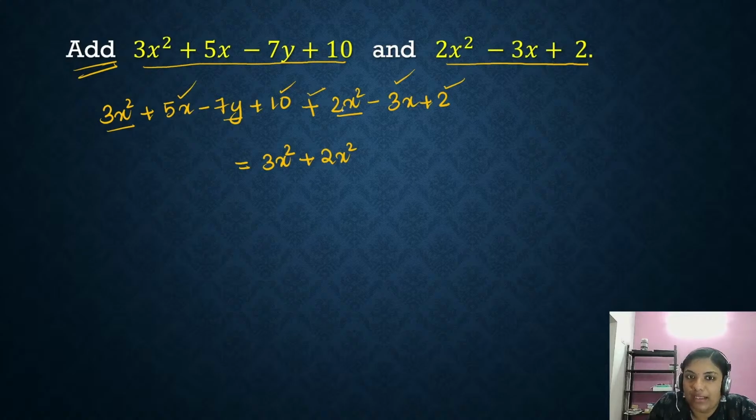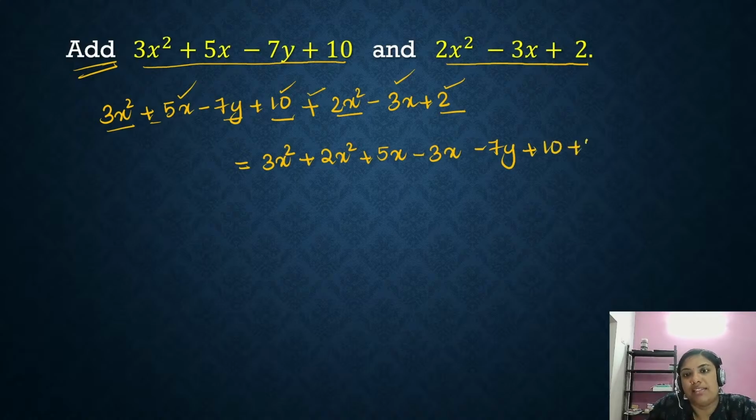Okay, when you write the term somewhere else, you have to take the same sign and put it along with that term. Okay, now 5x. So plus 5x. Then here minus 3x. Then comes minus 7y. Then the constant terms 10 and 2. Plus 10 plus 2. Now operate.